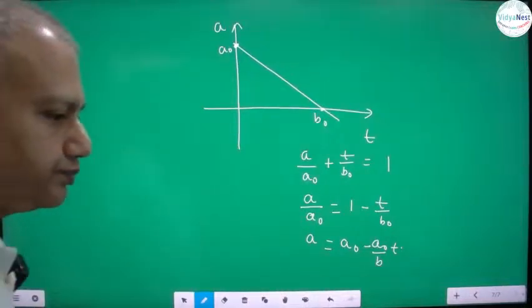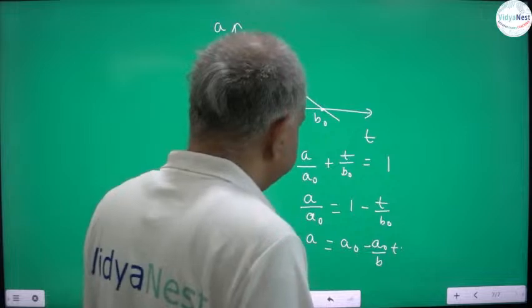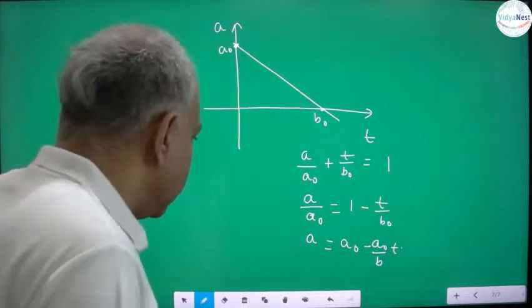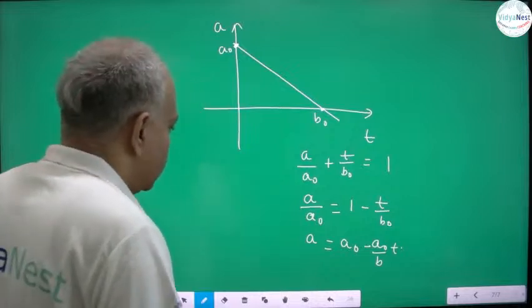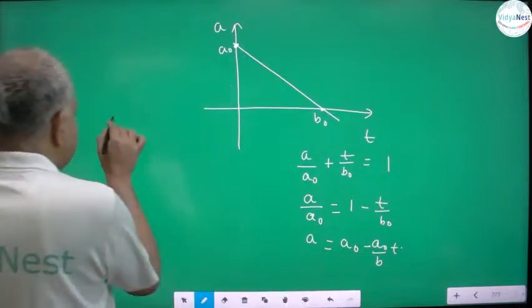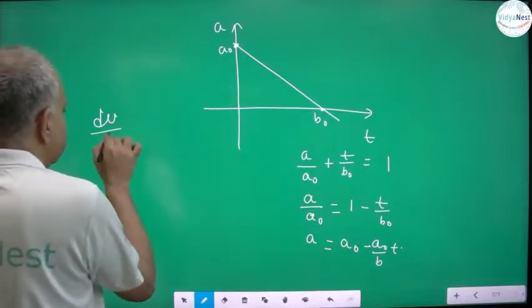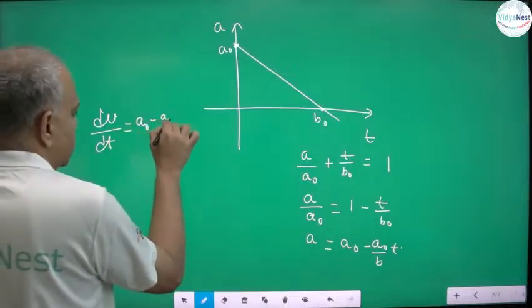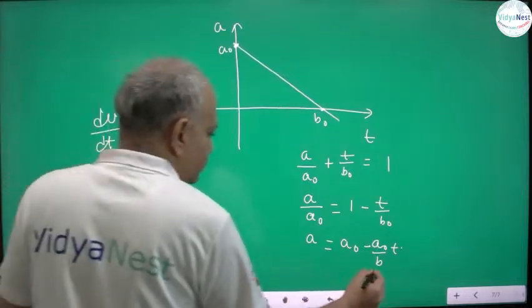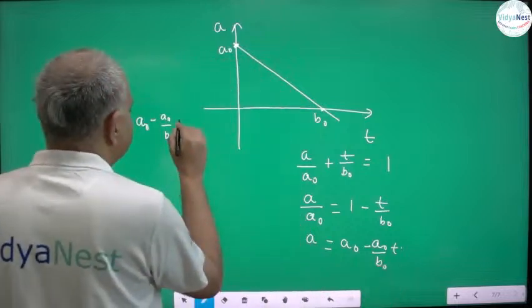Now, what we can observe from here: we know that acceleration is equal to the rate of change of velocity with respect to time, a naught minus a naught by b naught into t.